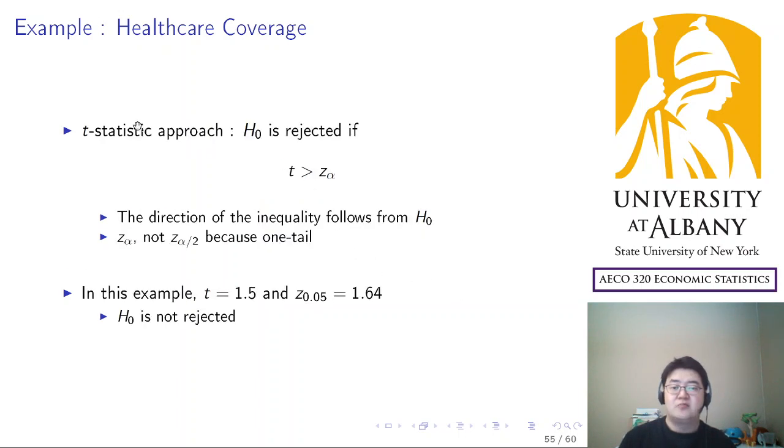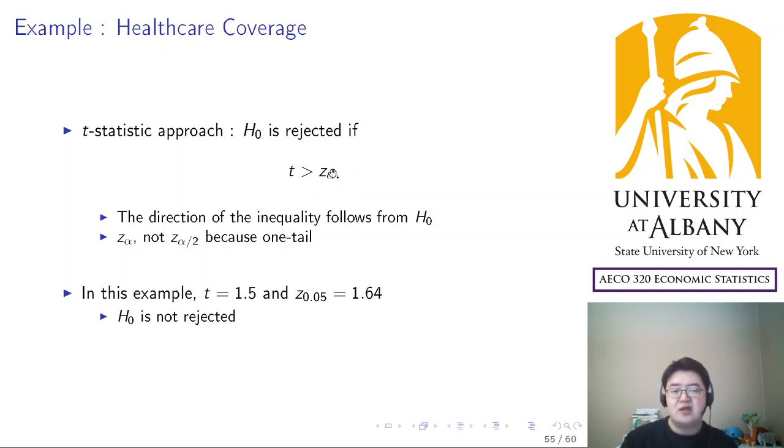And now the t-statistic approach. We calculated the t-stat, and now remember, rejection happens when the t-statistic is too large, only on the upper tail. The whole significance level alpha is put on the upper tail.